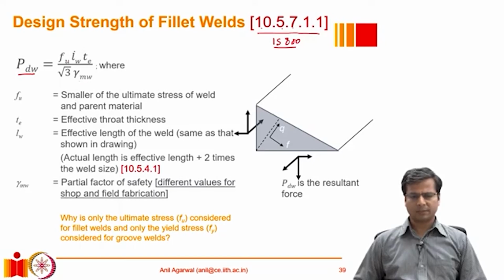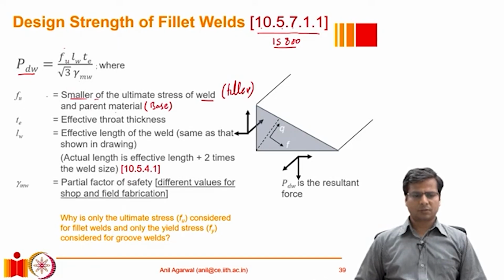Okay, there are various terms. Let me explain them. f_u is given by the smaller of the ultimate stress of the weld and the parent material. So the weld material is the filler material, which is coming from the electrode being deposited at the welding location, and parent material is the base metal. So that's what is being welded.